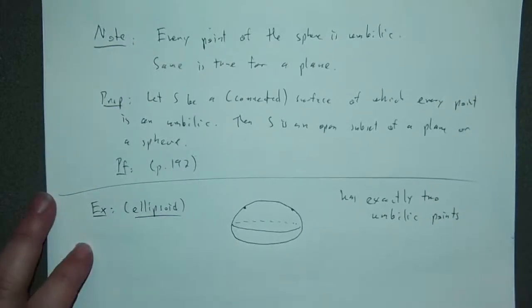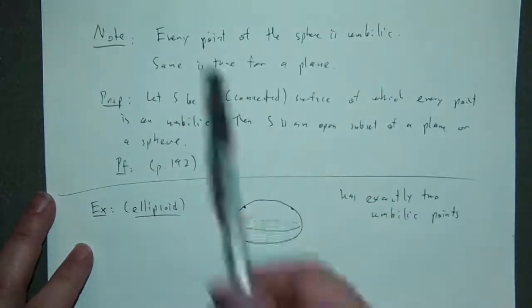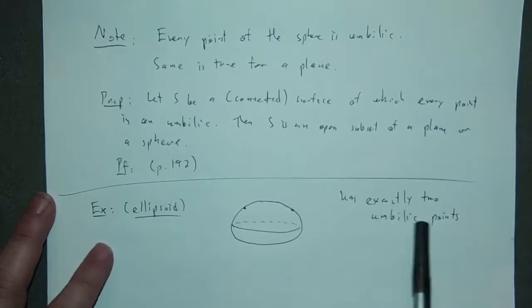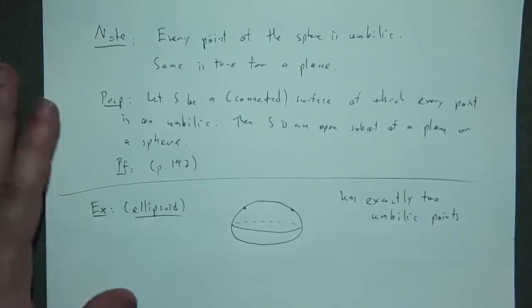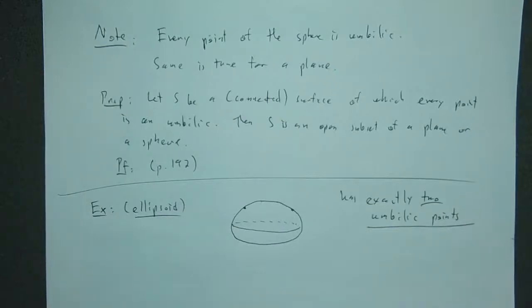Okay, so we've got surfaces that have infinitely many umbilic points. Every single point's an umbilic. We have surfaces that have two umbilics. And the question is, can I have a surface that has none? So the answer to that is no, but there's some machinery that's needed to say that.